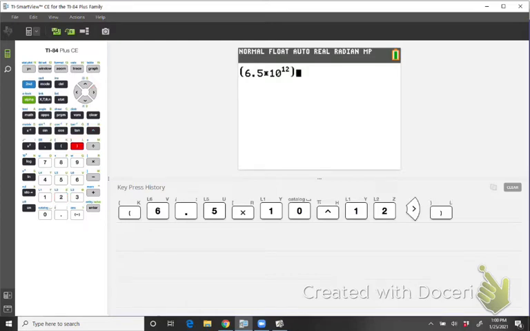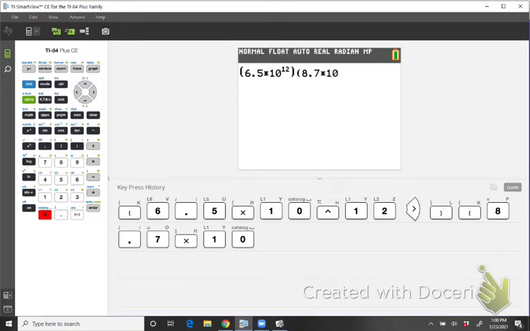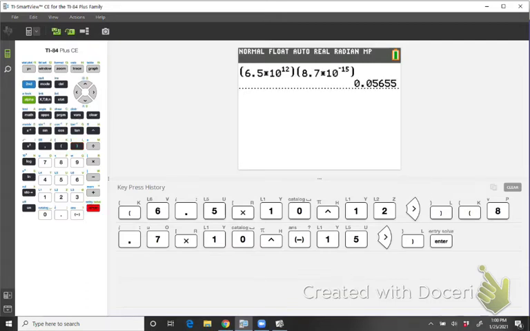Close the parentheses, start a new parenthesis, 8.7 times 10 to the negative 15th power. So that's exactly how it looks in 3a. If I press enter, that is my standard form. So I'm going to write that in my notes.